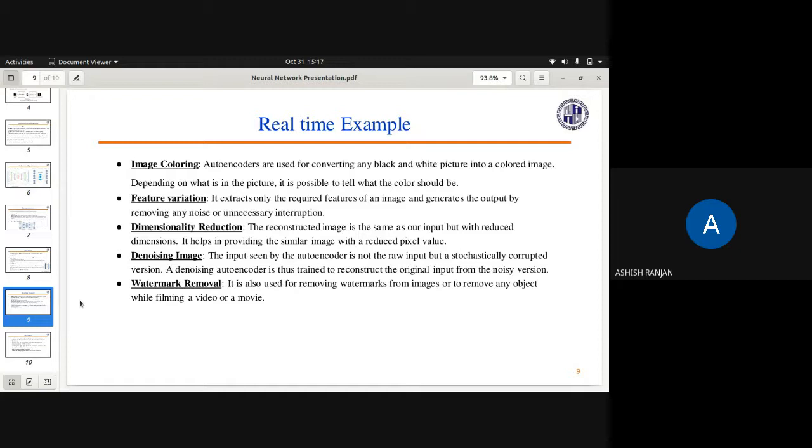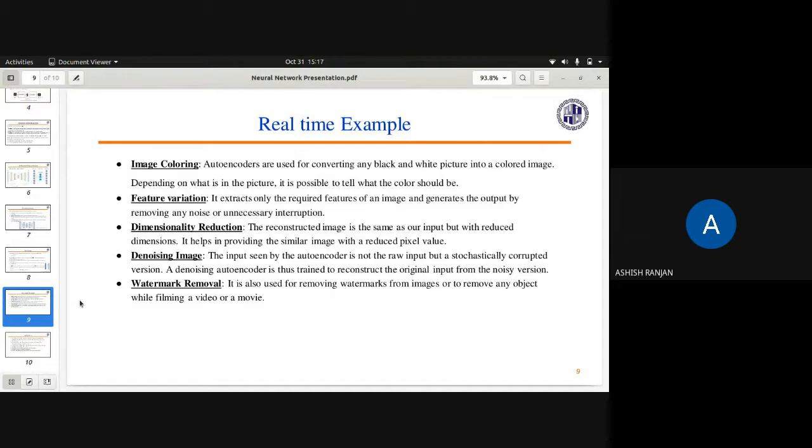Next is dimensionality reduction. Dimensionality reduction is the process of reducing the number of features that describe some data, and the reconstructed image is the same as our input, but with reduced dimension. It helps in providing a similar image with reduced pixel value. And next is denoising image.